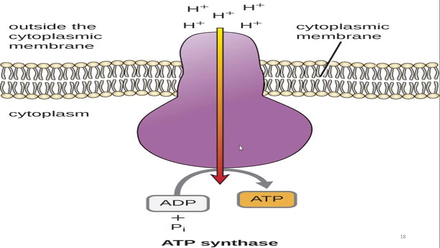So three hydrogen ions move down. For example, as the hydrogen ion move down this complex, it rotates and it actually combines adenosine diphosphate with inorganic phosphate to produce adenosine triphosphate. And it rotates just like a rotor, and it produces ATP. This molecule is said to be ATP synthase.